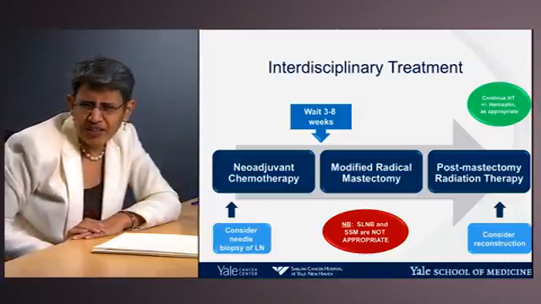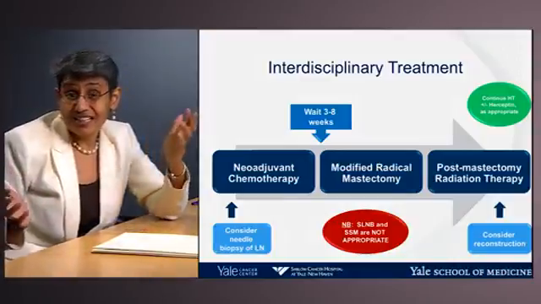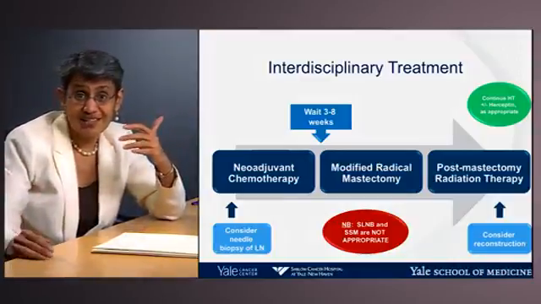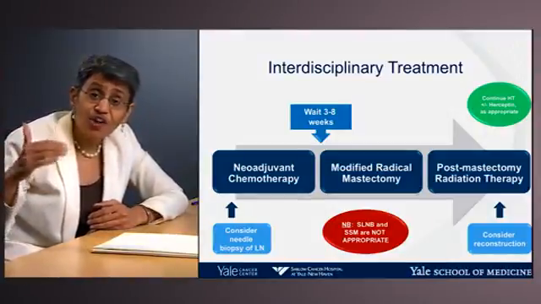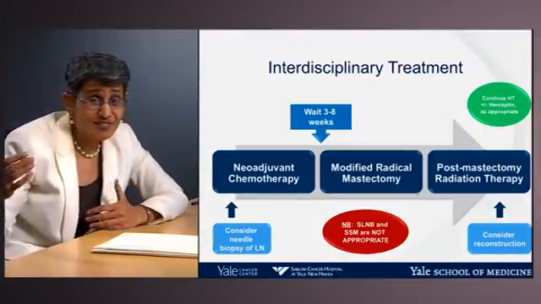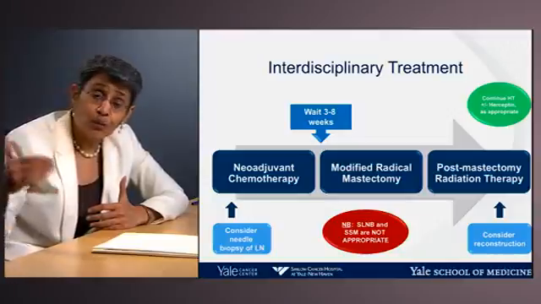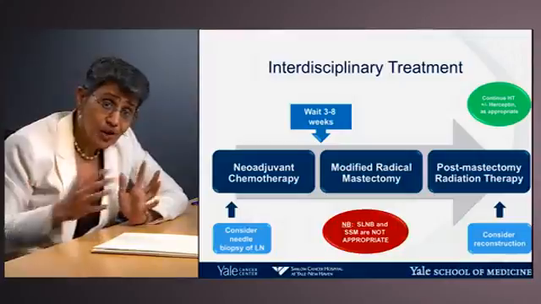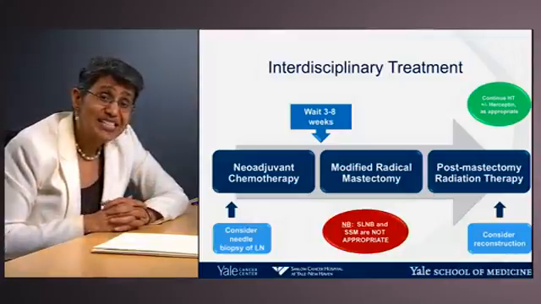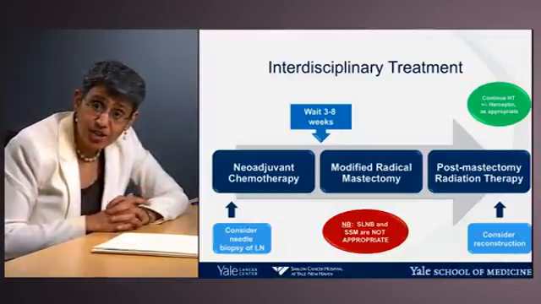Well, what happens if the lymphatics are all plugged up with tumor? Well, clearly, the tracers won't get to where they need to get to. So we know that with inflammatory breast cancer, the false negative rate, the chances of not finding the right lymph node when you do a sentinel lymph node biopsy, are very high. So, sentinel lymph node biopsy is not something you want to do in these patients.